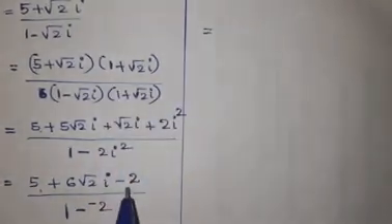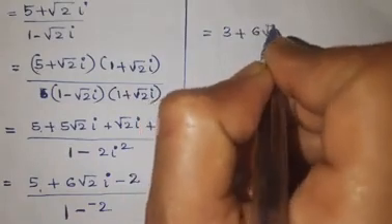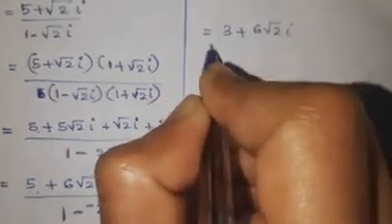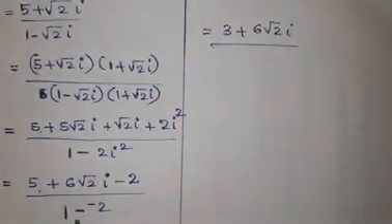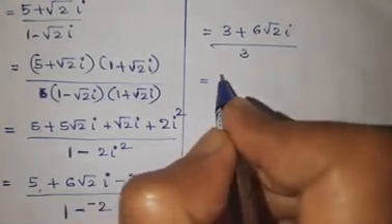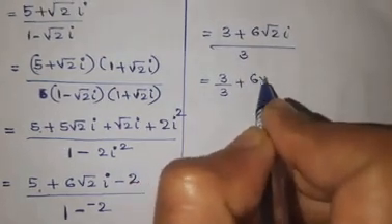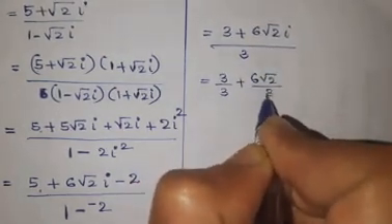This is equal to 5 minus 2, 3 plus 6 root 2i divided by 1 minus minus 2, 1 plus 2, 3. This is equal to 3 by 3 plus 6 root 2 by 3 i.